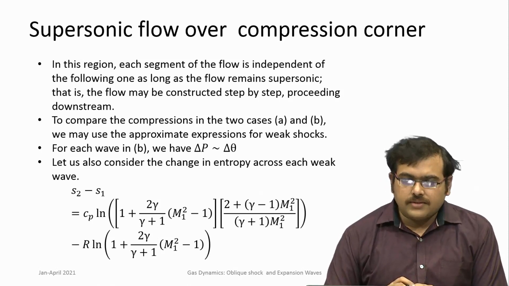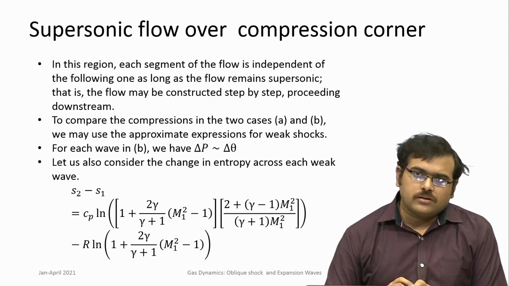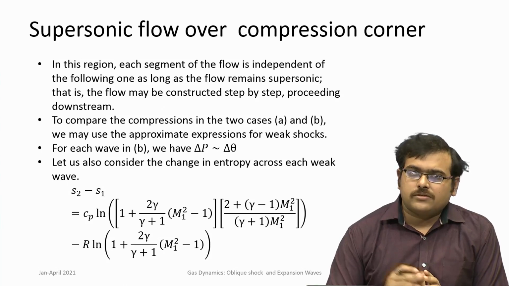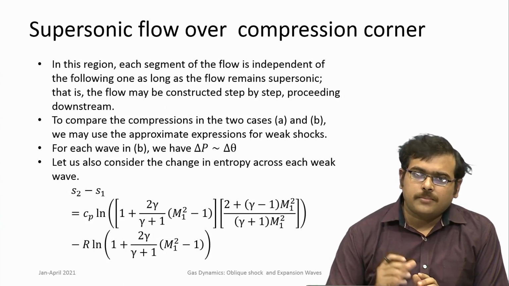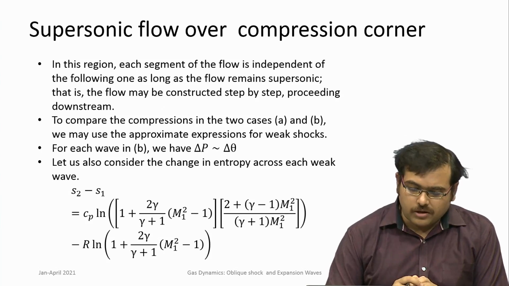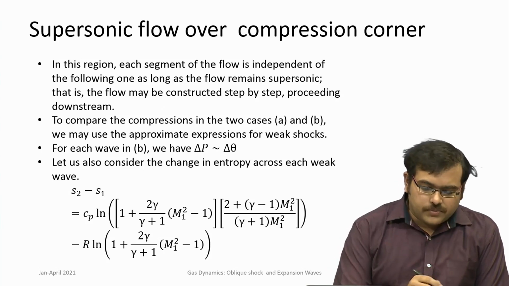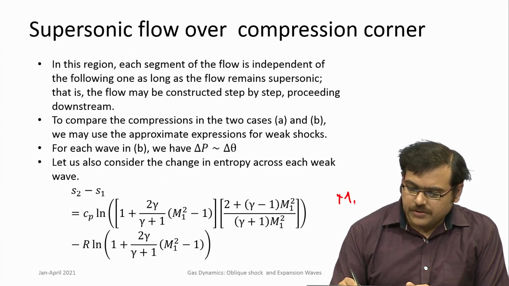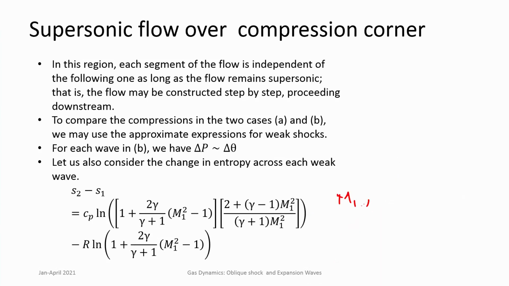Now, there is an entropy change across the oblique shock, and the entropy change is the same as that for a normal shock for the normal component. That is what is written here, delta S for the normal shock, and if you substitute M n1 for M1, you get it for an oblique shock.